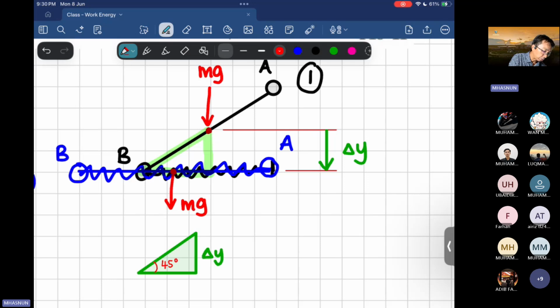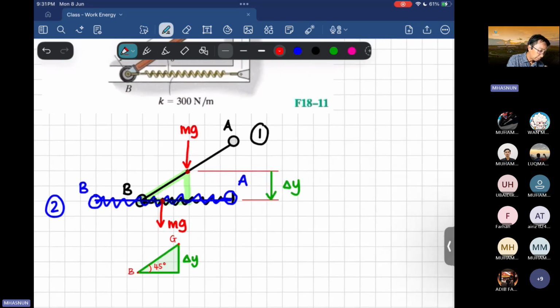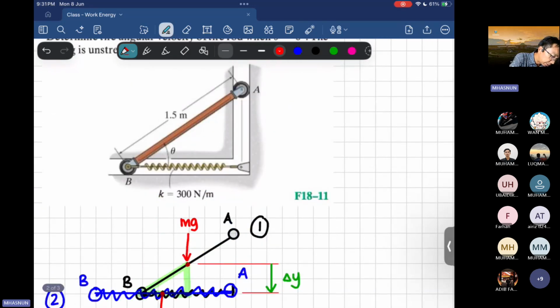Do we know the hypotenuse of this? Meaning that this is point B. At this corner is point B. Here is point G, not point A. So what is the length of B to G? This is basically B to G. Point G is somewhere here in the middle. I use another color so that it is visible.